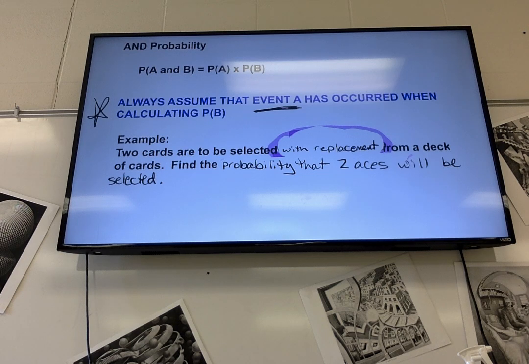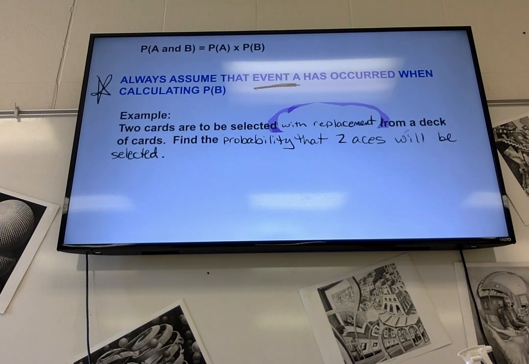Okay, so we're finding the probability that two aces will be selected. So that's probability of ace and ace. So that means we're going to take the probability of an ace times probability of an ace.